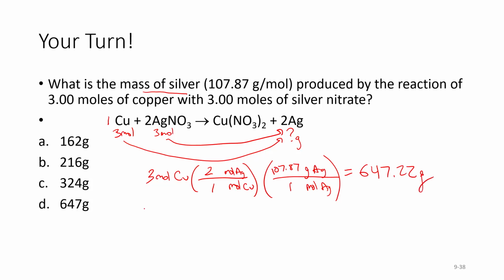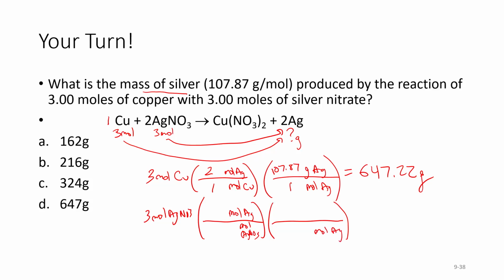Now we're going to do the 3 moles of silver nitrate. Moles of silver nitrate, we can go directly to moles of the new substance, which is moles of Ag. And then for moles of silver, we can go to grams of silver. Here's our mole to mole ratio.